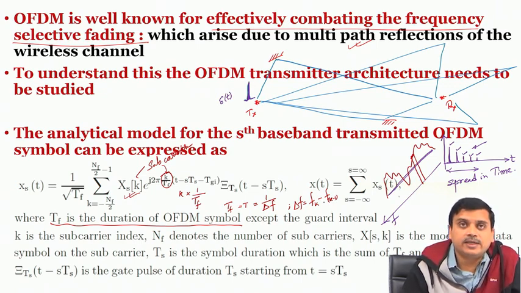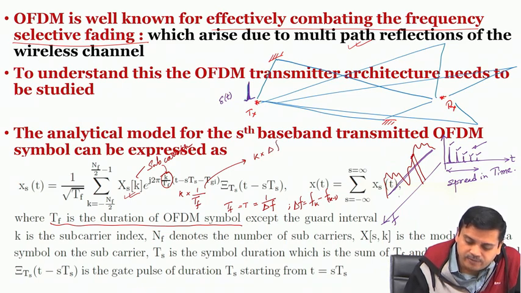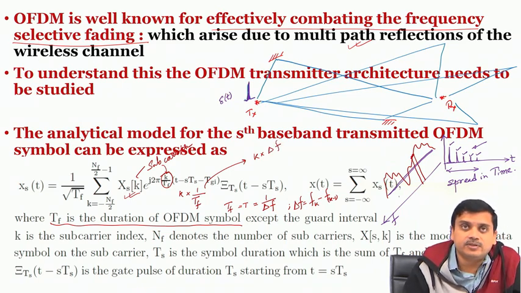Okay. So, that completes the definition, and what you see is that k multiplied by this expression is basically k multiplied by delta f. Okay. That is the frequency separation.